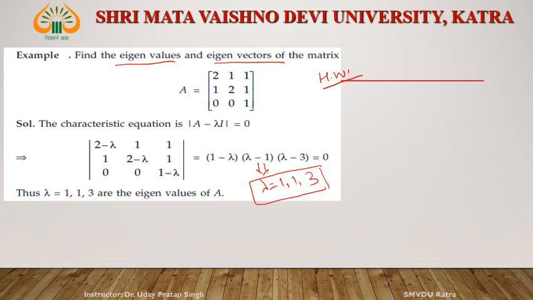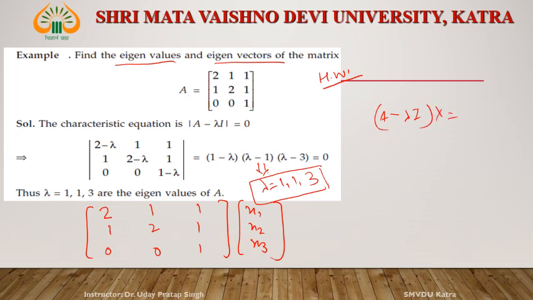Let us assume x1, x2, x3 is the eigenvector corresponding to lambda equal to 1. Then the matrix 2, 1, 0; 1, 2, 0; 1, 1, 1 is multiplied by x1, x2, x3. This is A minus lambda I. We have to evaluate (A minus lambda I) times x equal to 0.